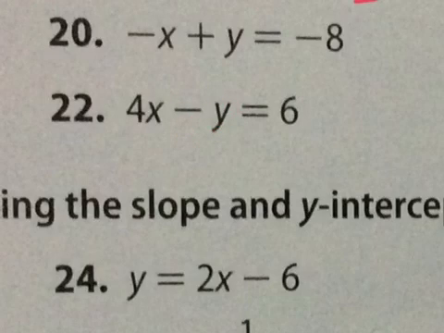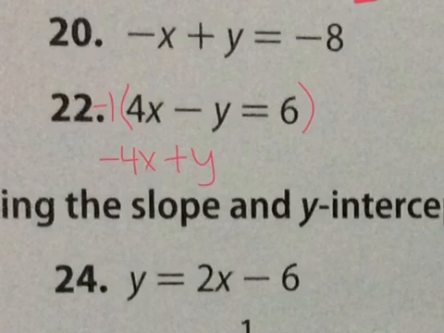Well, you have to multiply the entire equation by negative 1. If I multiply this by negative 1, it'll turn it to positive. So if I do that, then this becomes negative 4x plus y equals negative 6. You see? Okay?